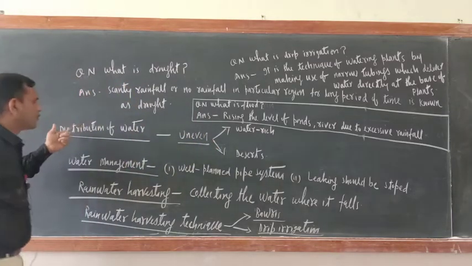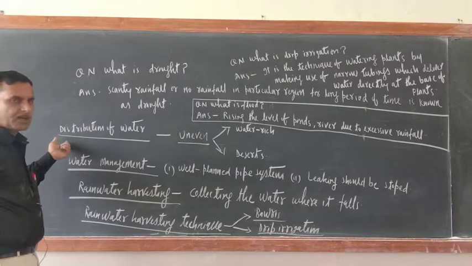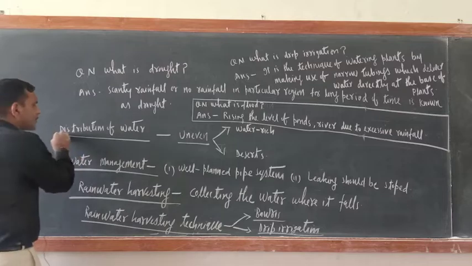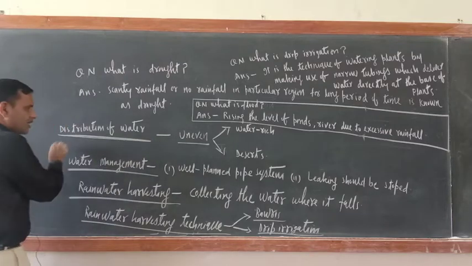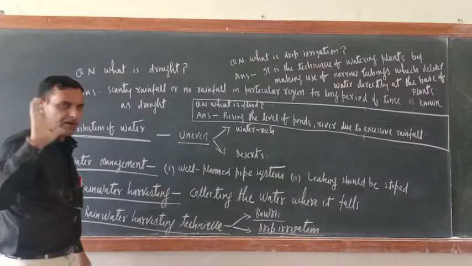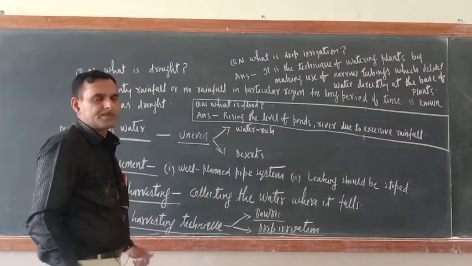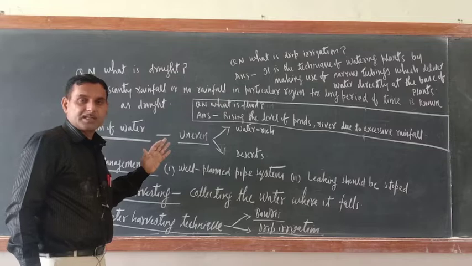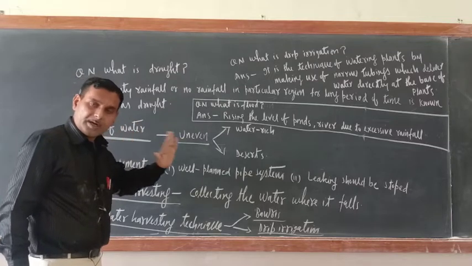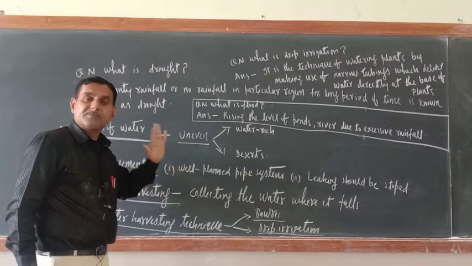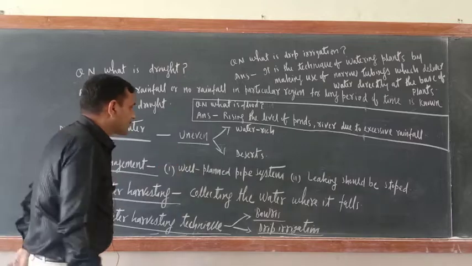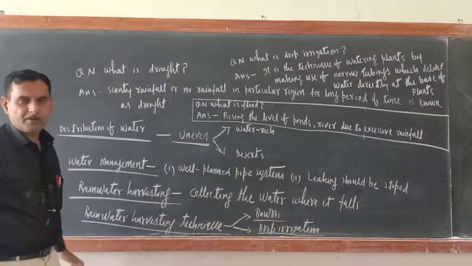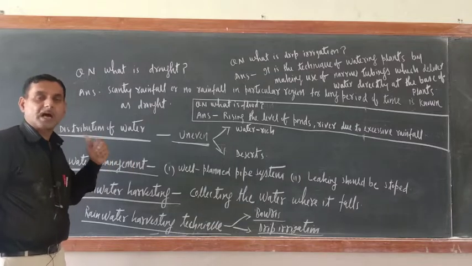Now let us move to another topic of this chapter, that is distribution of water. As far as the distribution of water across the globe is concerned, it is not even. Some places have more water, some places have very little water. So the distribution of water across the globe is uneven.